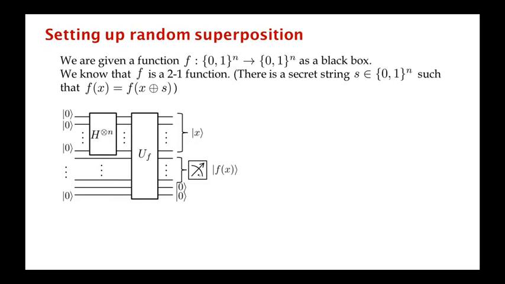Okay, so now how do we proceed? We start with our inputs all in the state 0. We first do a Hadamard transform on n of these input bits. So we end up in a superposition over all x of n bits of x with amplitude 1 over 2 to the n over 2.